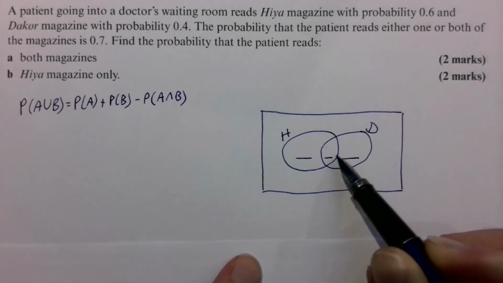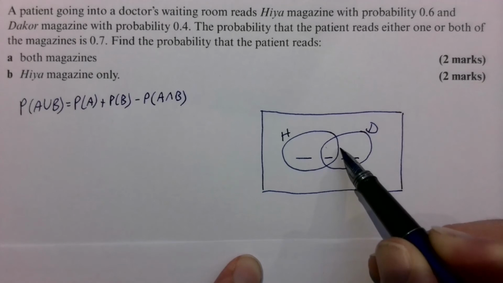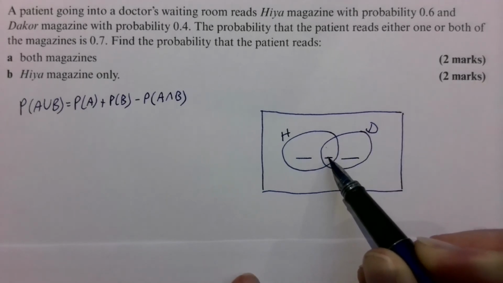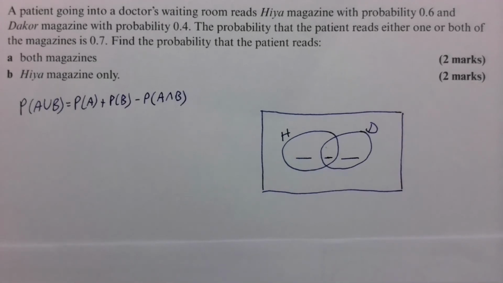If you add together that one, all of H and all of D, you will have added this bit in twice, so you have to take one of it away to make it equal to that.